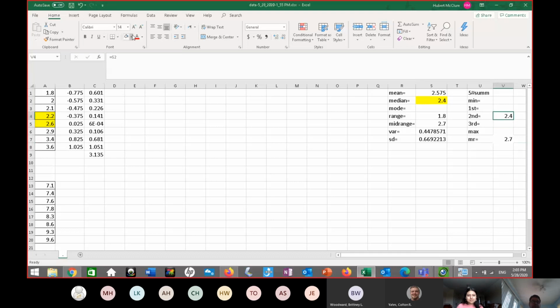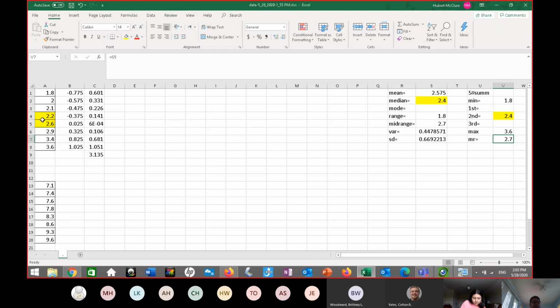All right. There you go. So the min is equal to, of course, the lowest. The max is equal to the highest. And there's my 2.4 right there.